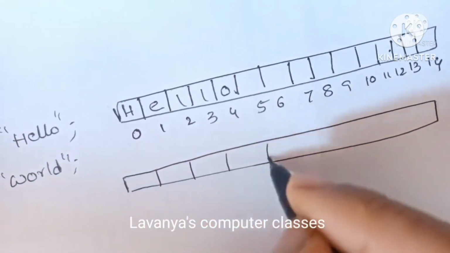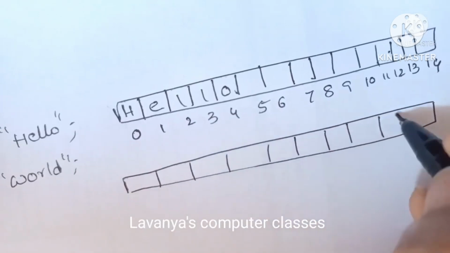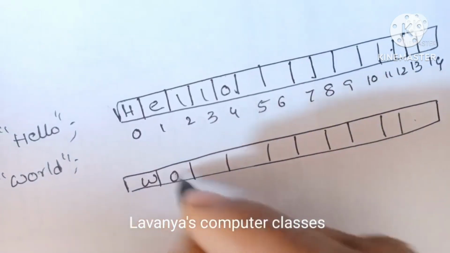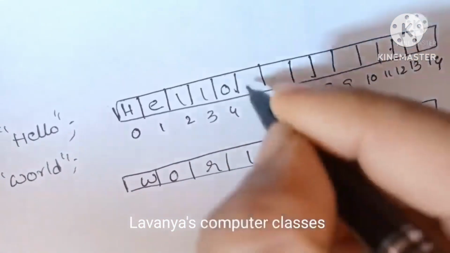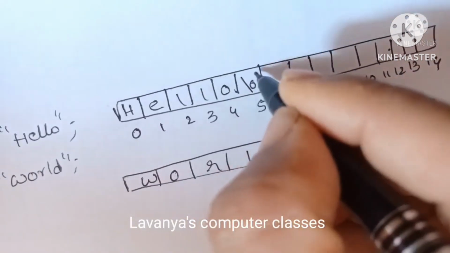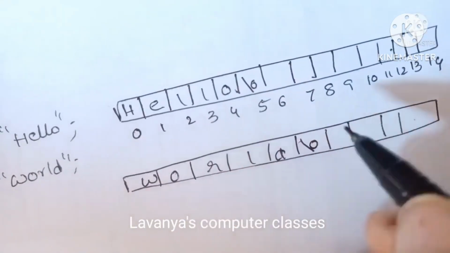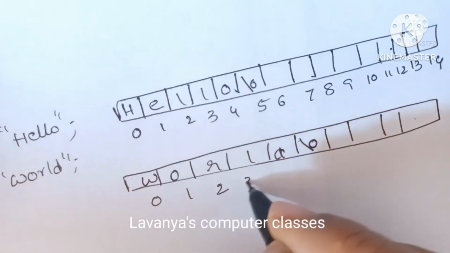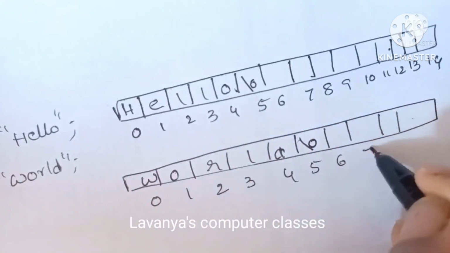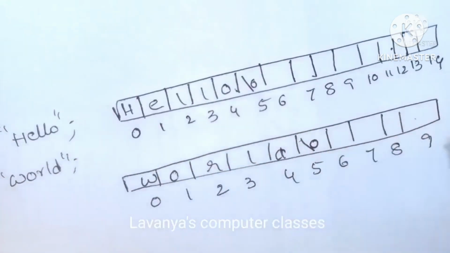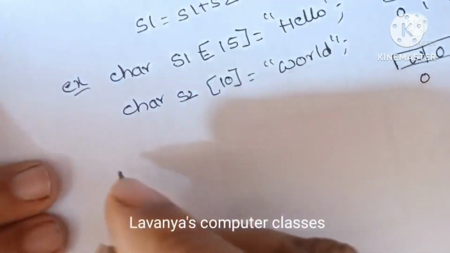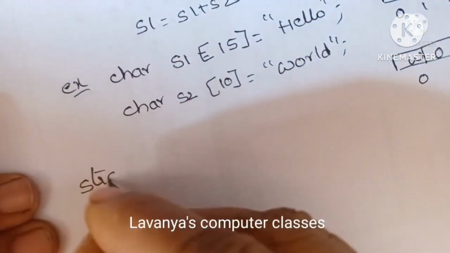Next, s2. What is the size of s2? 10. That means 10 memory locations are allotted, 0 to 9. So, in this, world is stored. But a string always ends with a backslash zero. One more extra character is taken, backslash zero. So, s1 is size 15, s2 is size 10.